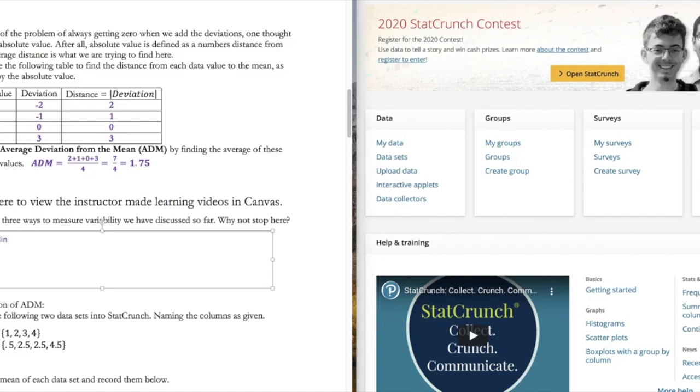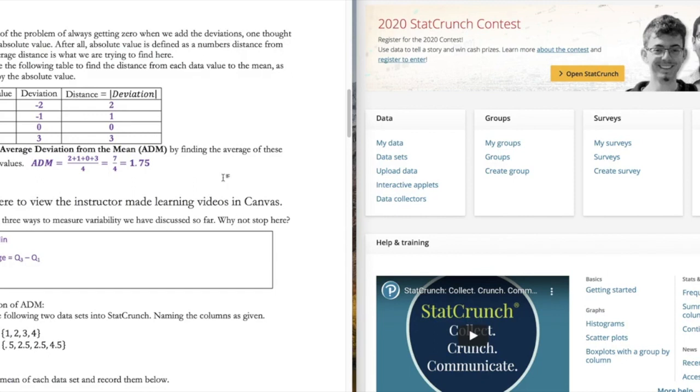Then we took a look at the interquartile range, which gave us the distance just to get from the first quartile to the third. So we calculated that, Q3 minus Q1. And now, of course, we've taken a look at the average deviation from the mean, the ADM.